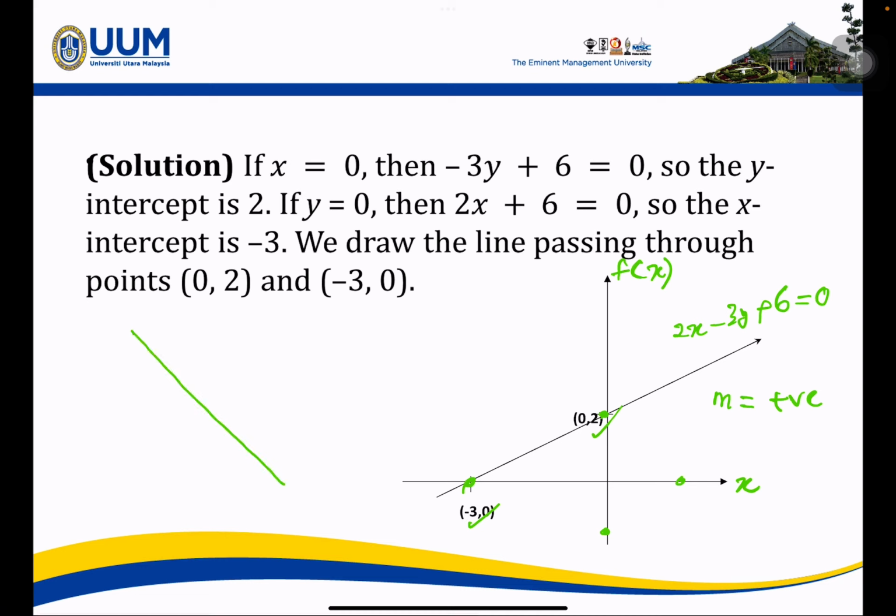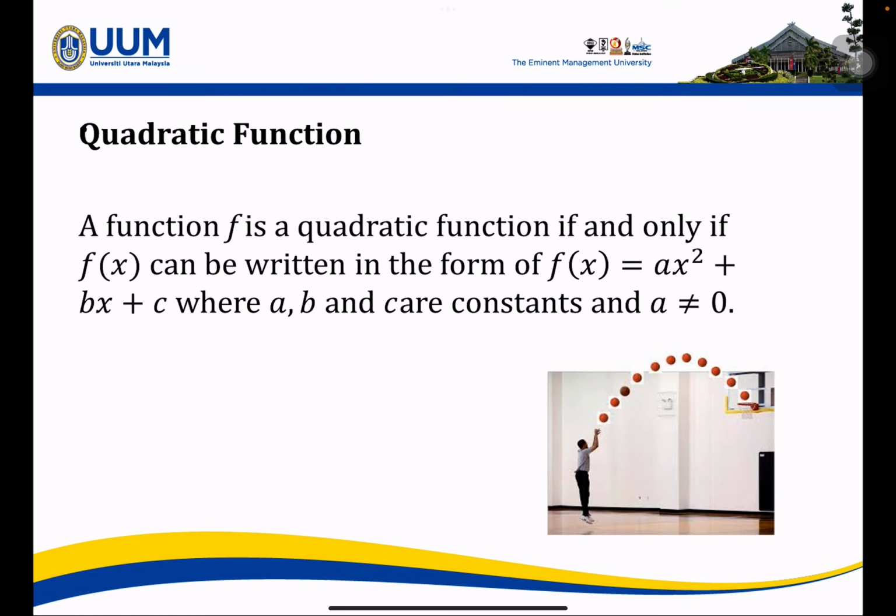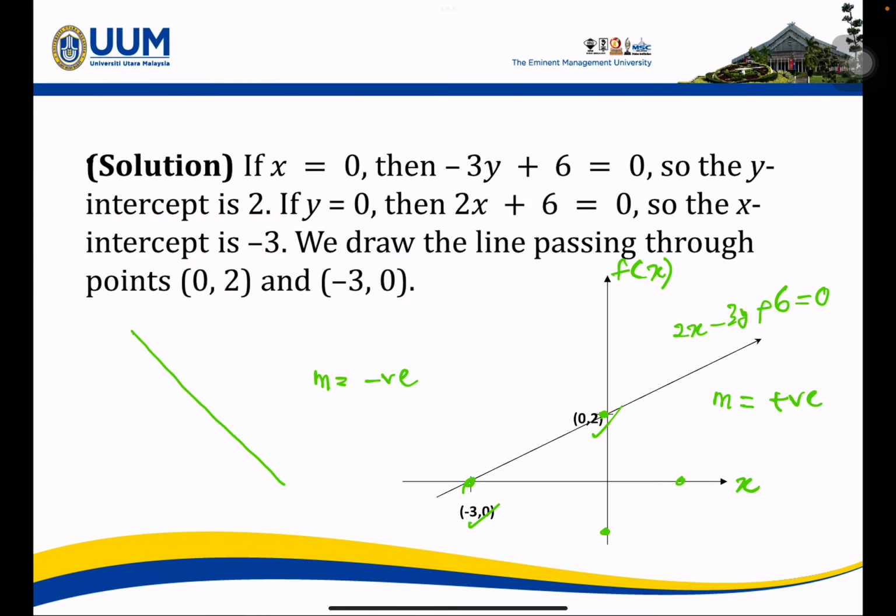This one is decreasing. So what happened to our m? Negative. So the shape of your linear, either increasing or decreasing, depends on the value of m. Okay? Alright, then linear equations, quadratics on Wednesday.